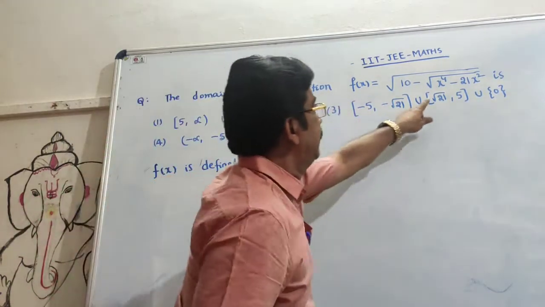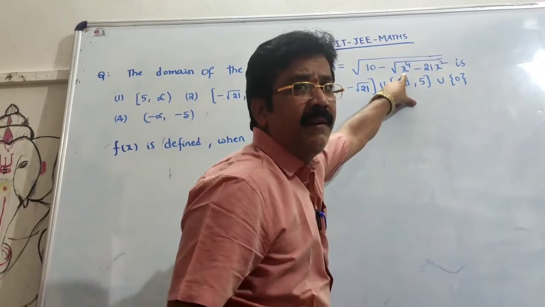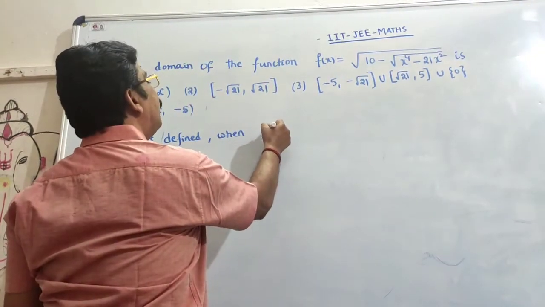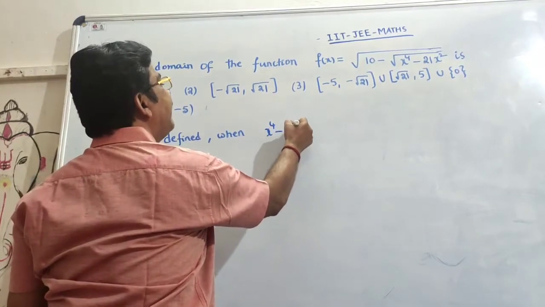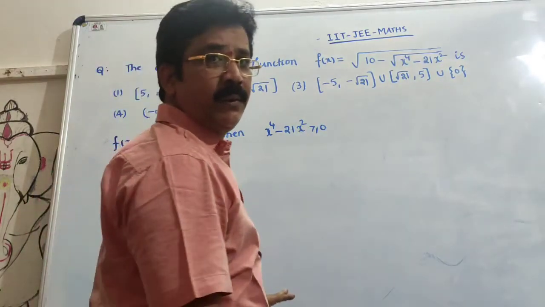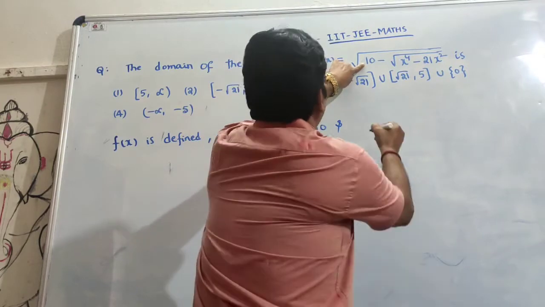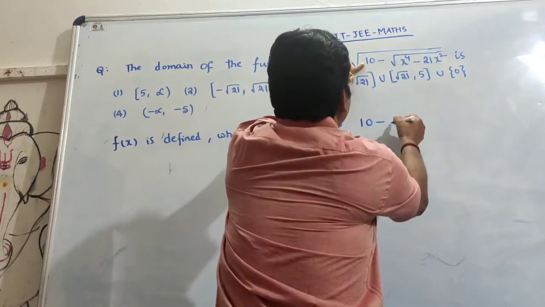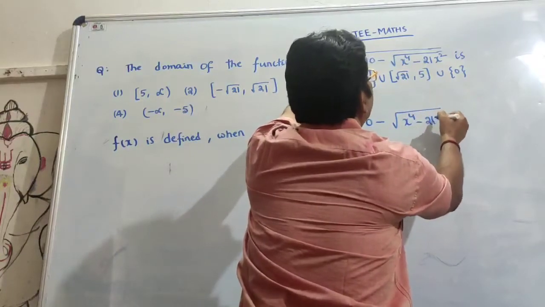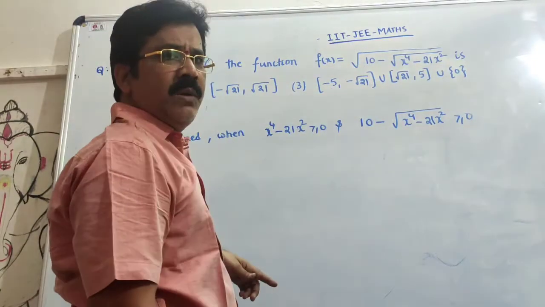when, first, the root of x⁴ − 21x² should be defined, for which x⁴ − 21x² should be greater than or equal to 0, and this interior part, 10 − √(x⁴ − 21x²), should be greater than or equal to 0.